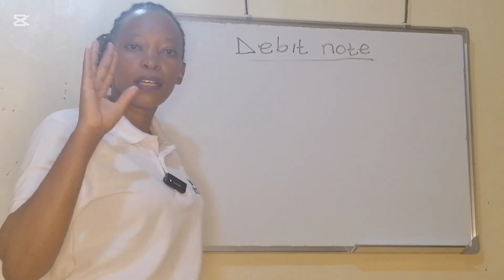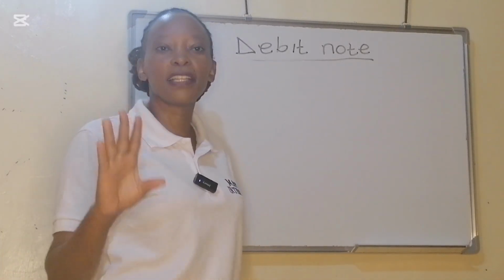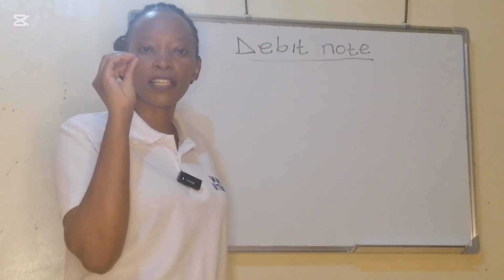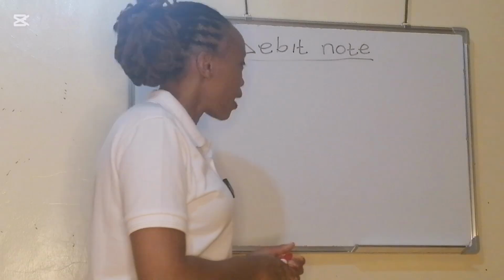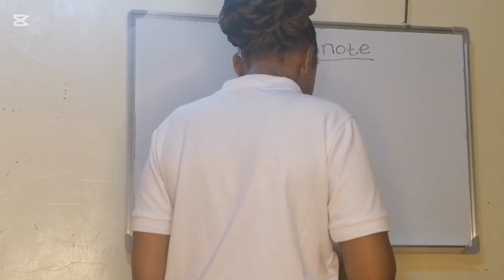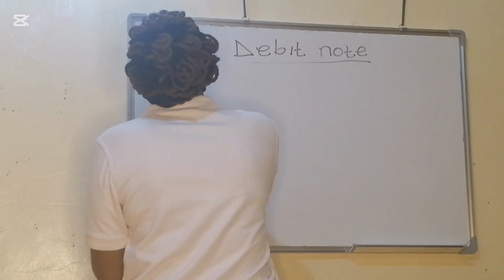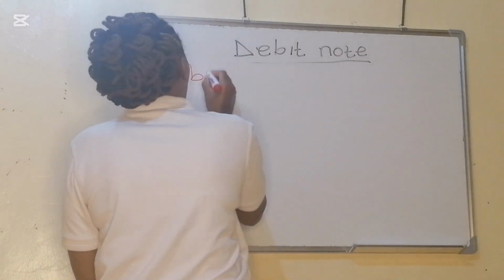So let me just now define the debit note, because I know you have understood up to that point. So I want to define what a debit note is. Okay, be patient because I'm going to expound on this.